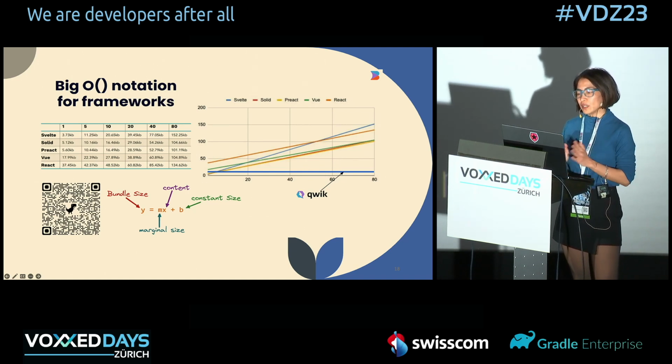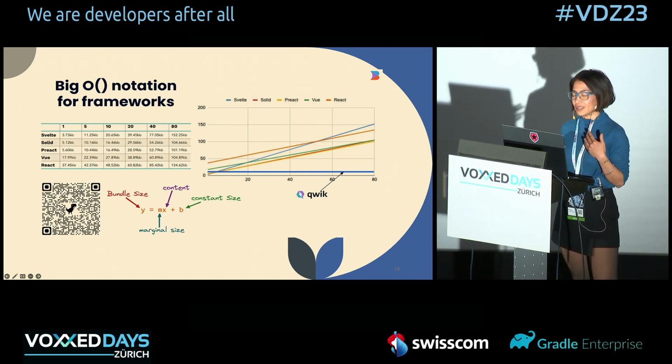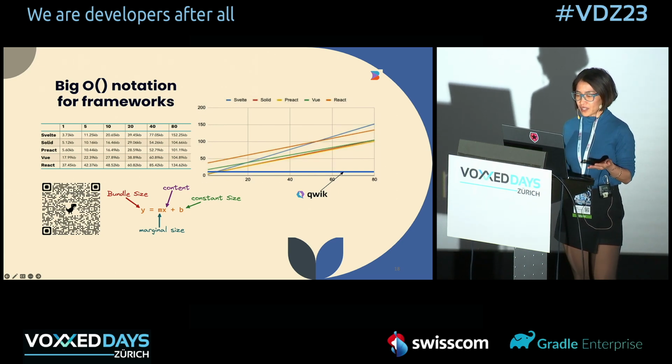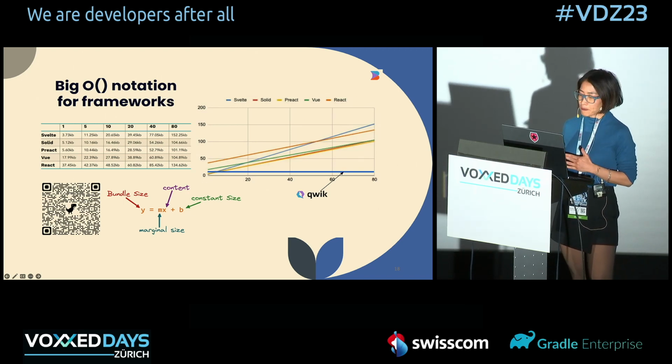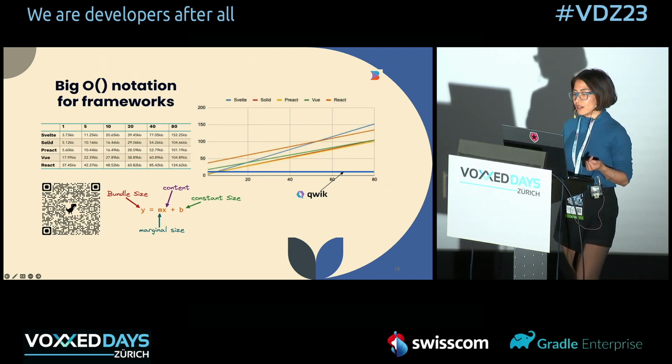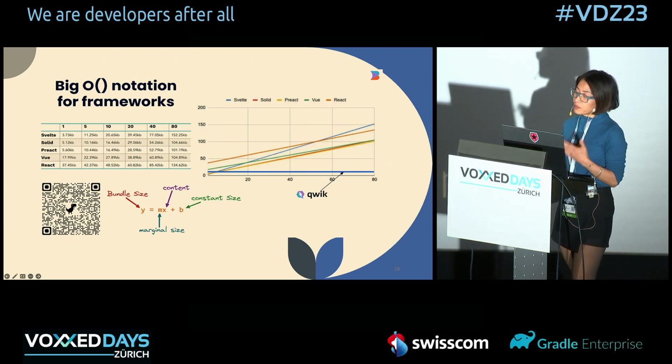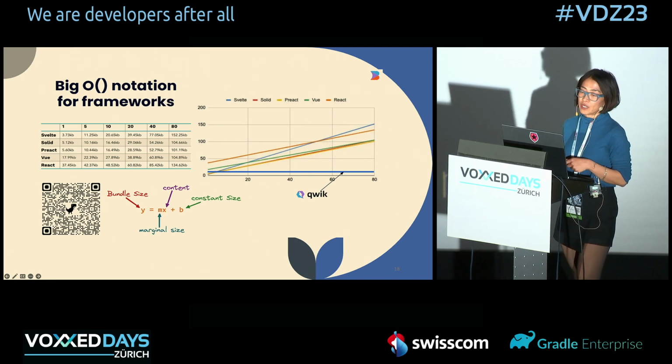With Qwik, the resumable framework, what they're saying is that it has an O(1) loading time. So why O(1) loading time? Because Qwik is getting rid of hydration completely. That makes a Qwik application start up right away, regardless of size or complexity, and it runs the same way at any scale.